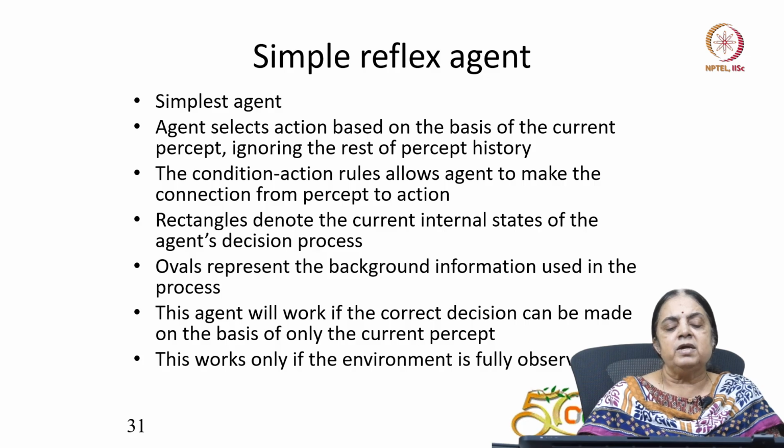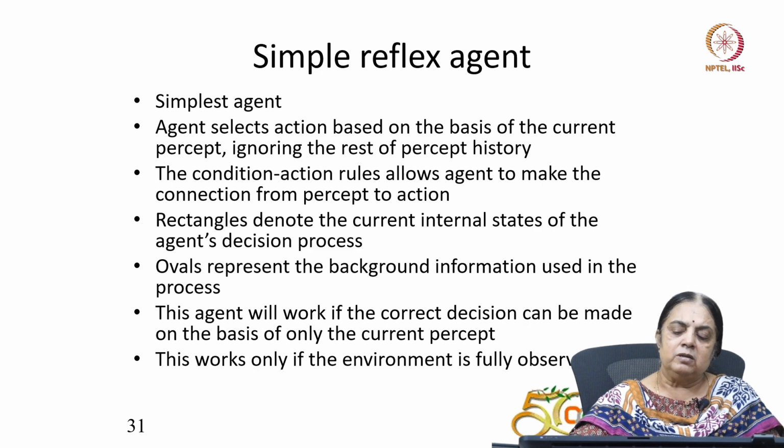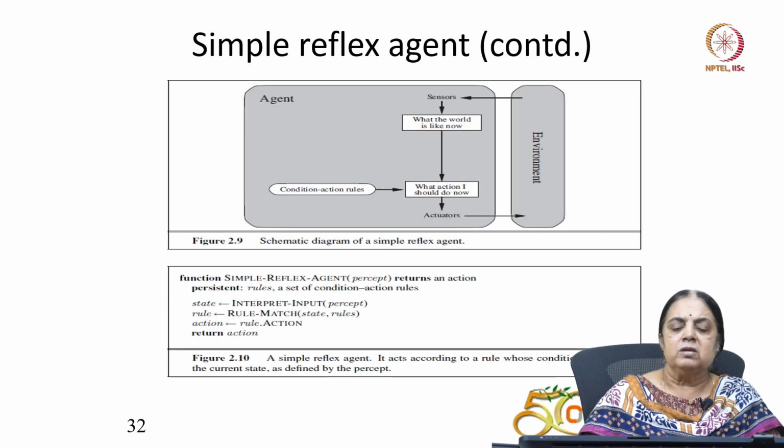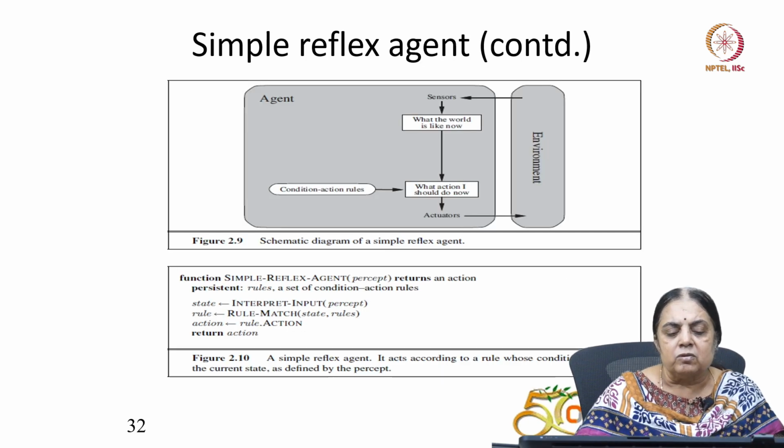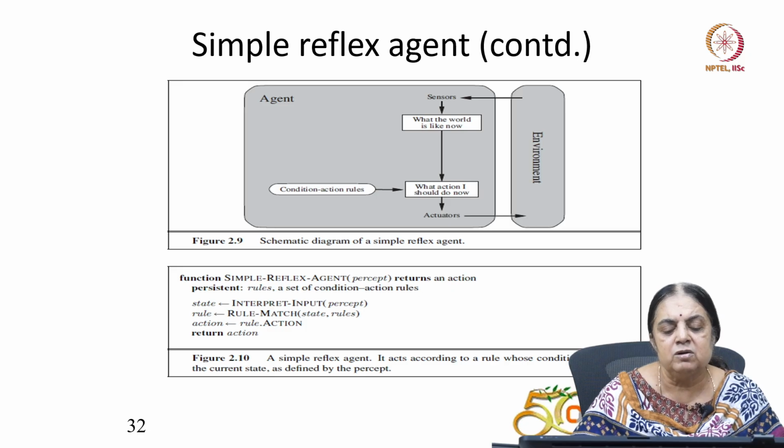So it decides if this is the percept, this is the action to be taken; if this is the percept, this is the action to be taken. This simplifies things because you are only looking at the percept at this particular point in time. So this is your condition action rules.